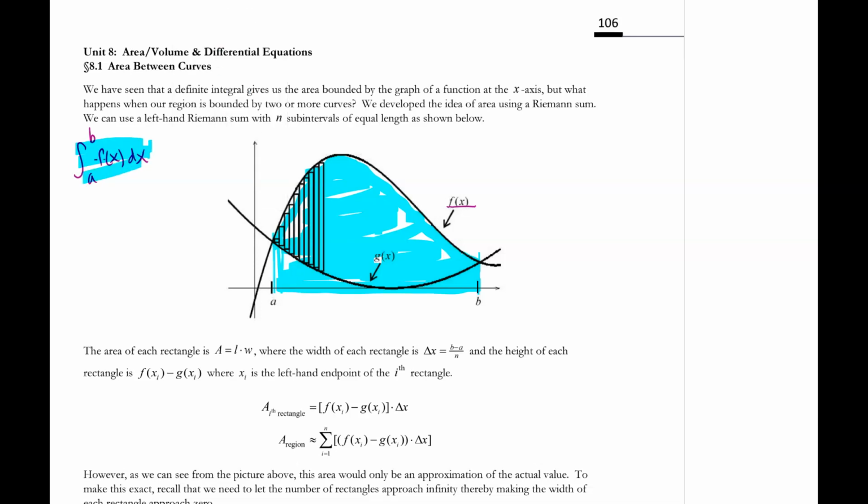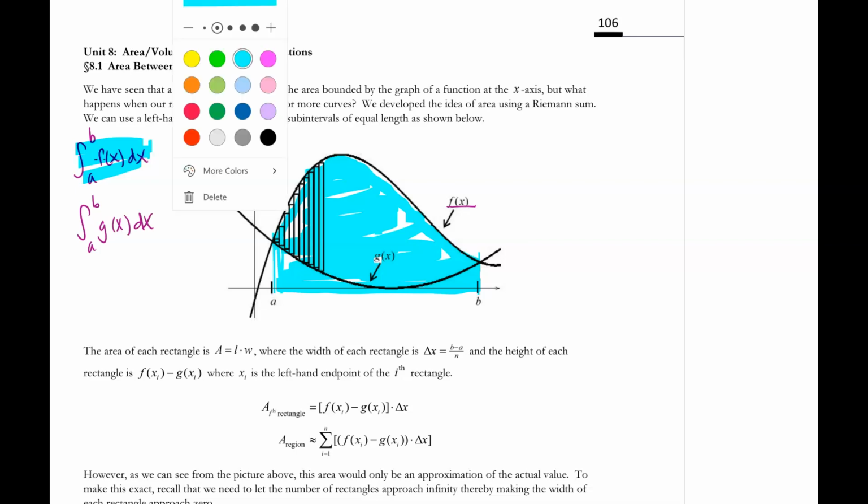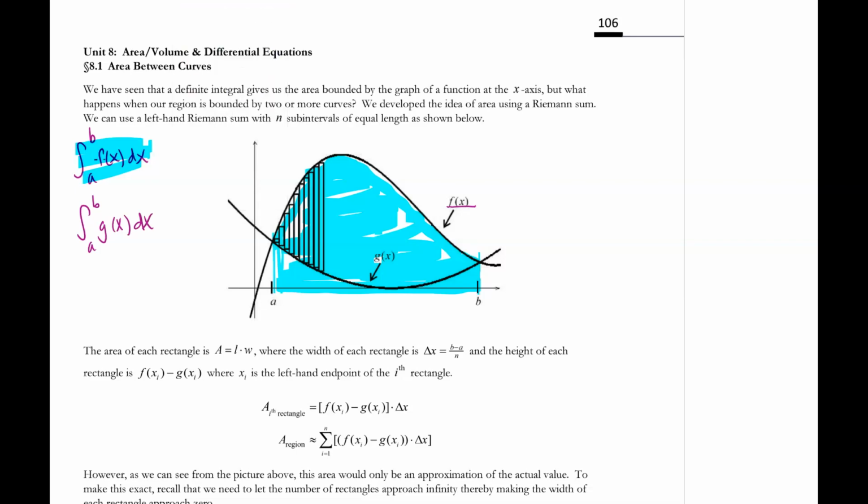If we integrate instead under g, so from a to b, integrate the function g, that's going to give us the area between the function g and the x-axis. So it gives us that bit.